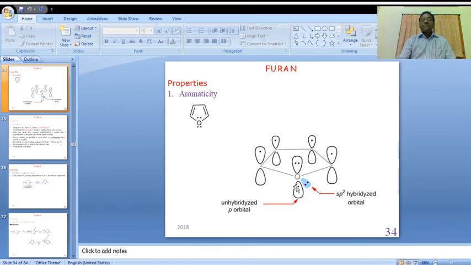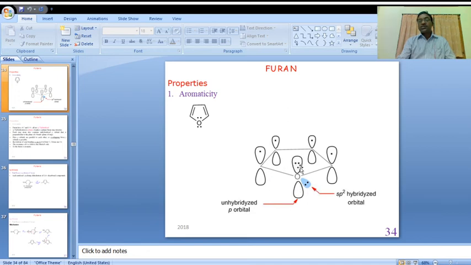Here, on the heteroatom, the unhybridized p orbital carries a pair of electrons, 2 electrons from the heteroatom, that is oxygen.